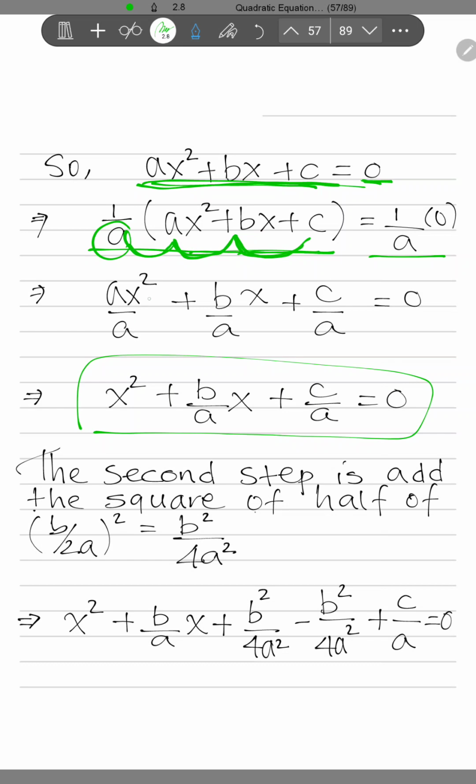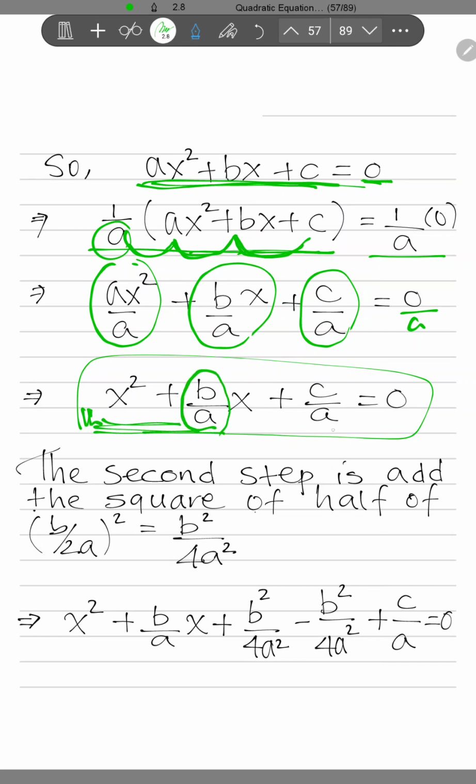So ax squared divided by a plus bx divided by a plus c divided by a is equal to 0 divided by a, which is 0. When we divide both sides of this expression by a, we end up with x squared plus b over a x plus c over a is equal to 0. It's the first step of completing square.